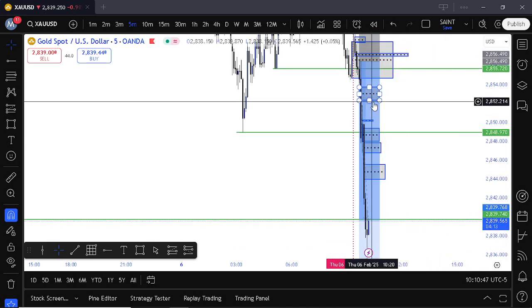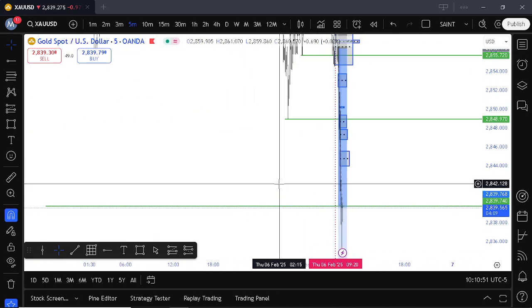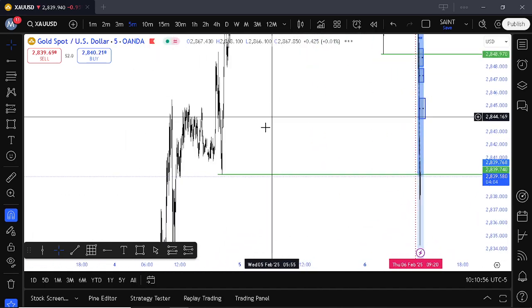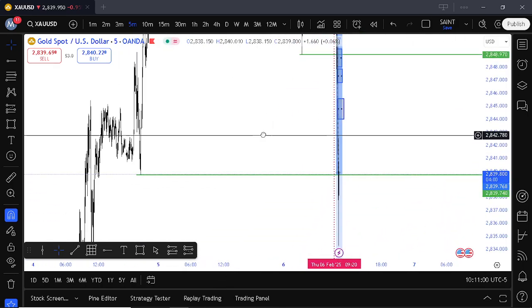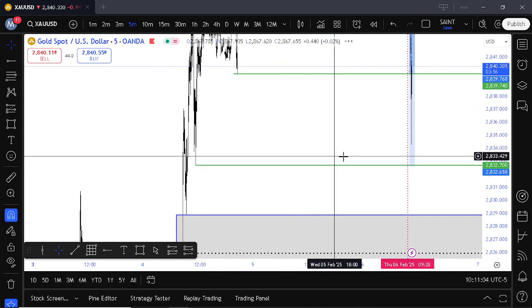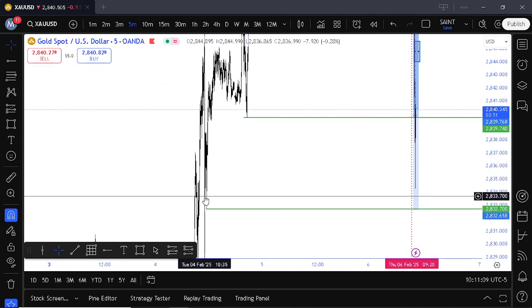which would give it like a 5.7R. We should probably have a 5R trade, but it actually got taken out because I put my take profit right here. But I wanted these ones as well, and it looked like it was going to get hit, but these were like New York lows.